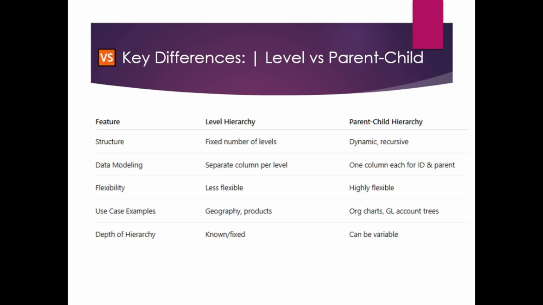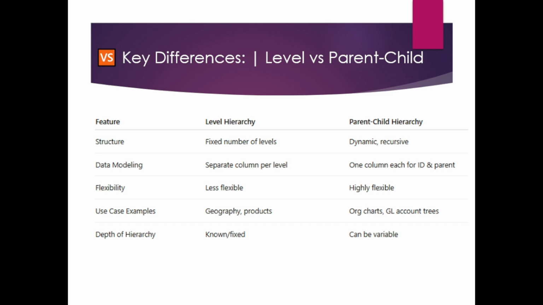Let's move on. What are the key differences between level hierarchy and parent-child hierarchy? If we discuss the structure feature, the level hierarchy has a fixed number of levels, whereas the parent-child hierarchy has dynamic levels, as we have discussed earlier. In respect of data modeling, a separate column per level is defined, whereas there is one column each for ID and parent.